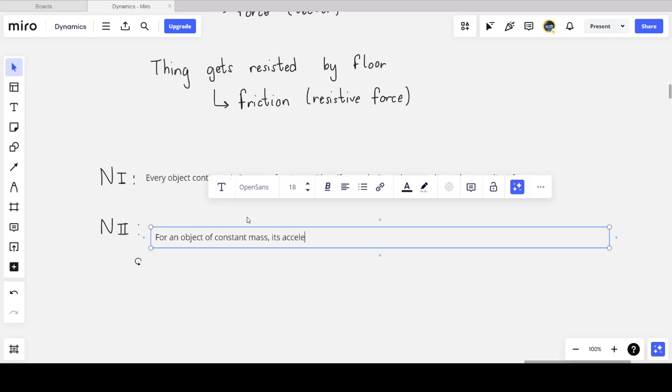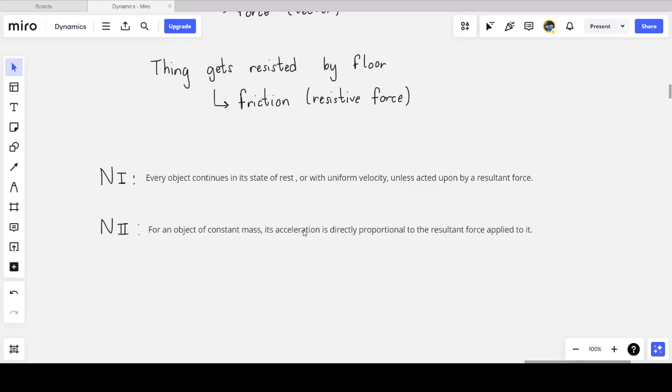For any object with constant mass, its acceleration is directly proportional to the resultant force acting on it, or applied to it, whichever you feel is better. So the first law says if there's no resultant force, you're going to stay at rest or you're going to move at constant velocity.